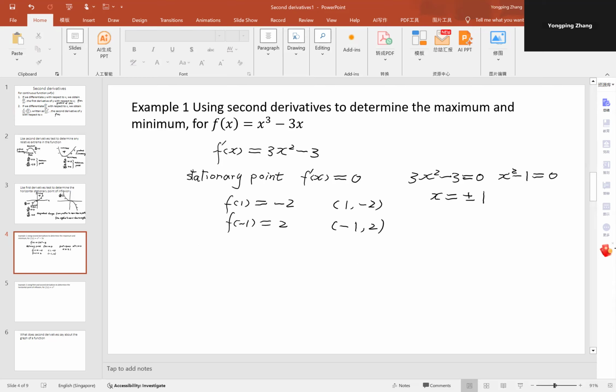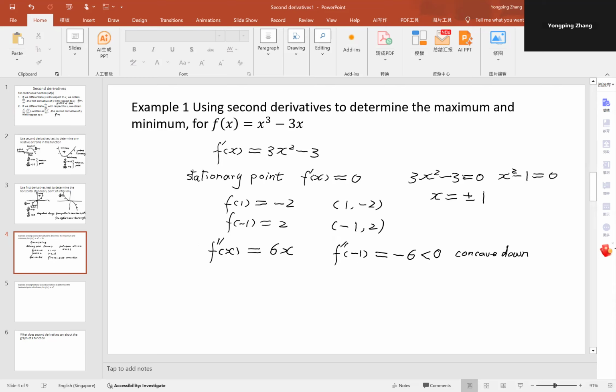We get the second derivative equals 6x. At x equals minus 1, 6x equals minus 6. Minus 6 is less than 0. So this is concave down.